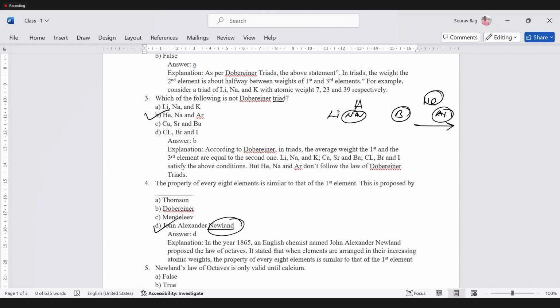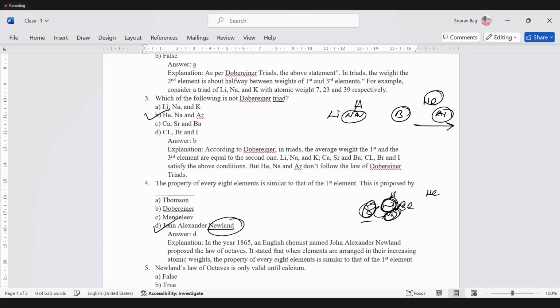If you see hydrogen, then helium, then lithium, then again beryllium, but here sodium is coming. So this lithium and sodium have a difference of eight. That's why the eight difference is coming here.